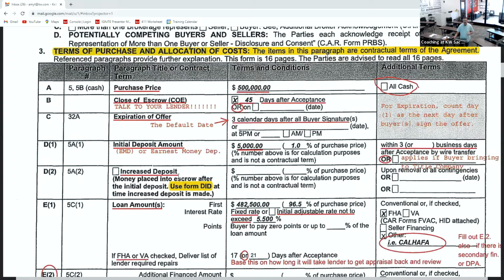But just know that if you're smart, when a seller accepts an offer after the expiration, that offer was actually dead. And so the only way that you would have a binding contract is if the buyer then initials as accepted and puts the date and sends it back over to the seller.